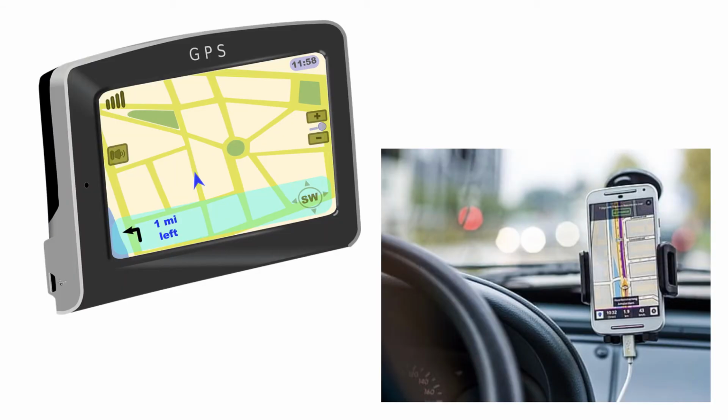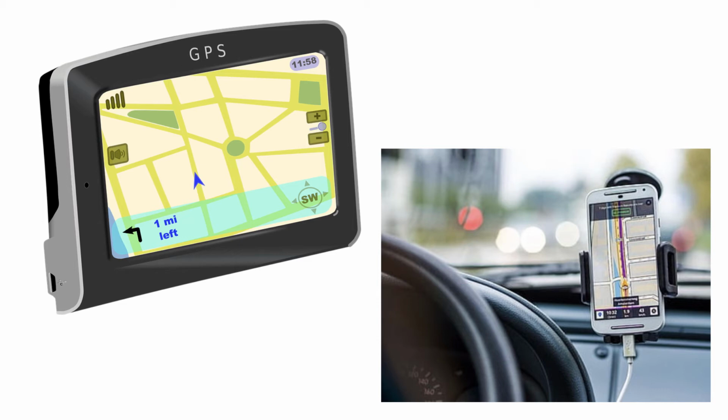Here are some pictures of a GPS. On the right is mainly what we use on a daily basis on our phone. And the one on the left is the old school version, but they also have this available in some cars as well. And they use that to get where they need to go as well.